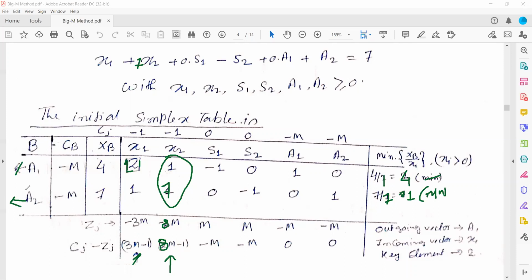A2 is the outgoing vector, and the key element is this one. The incoming vector is X2. So here the outgoing vector will be A2, the incoming vector will be X2, and the key element will be 7.